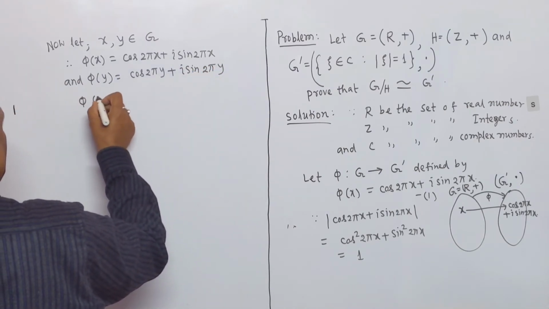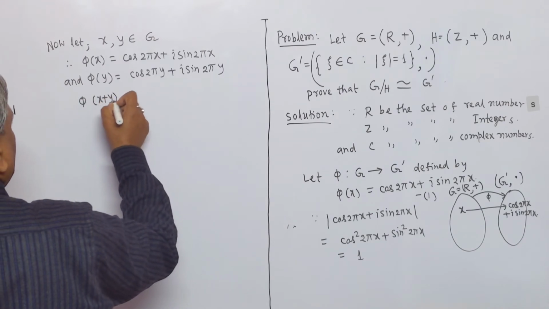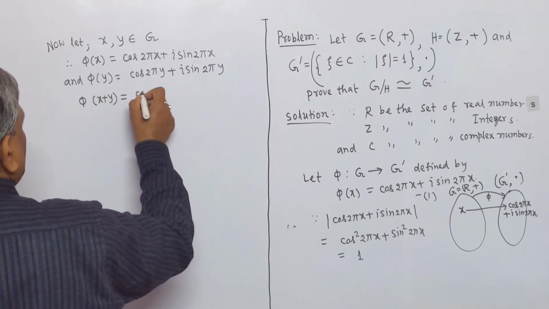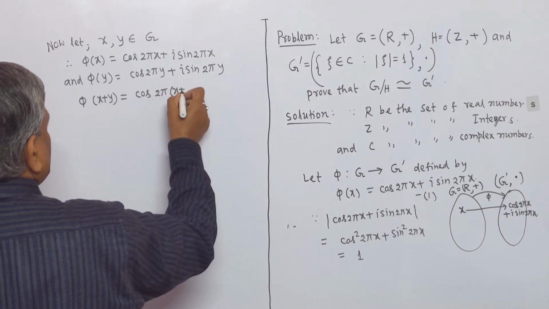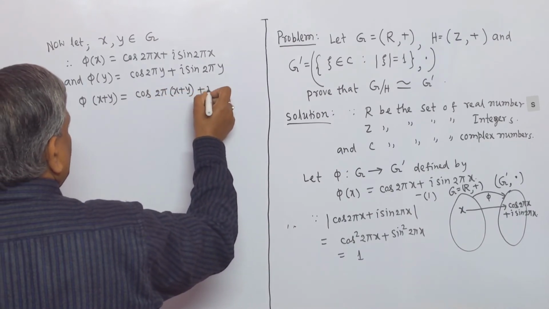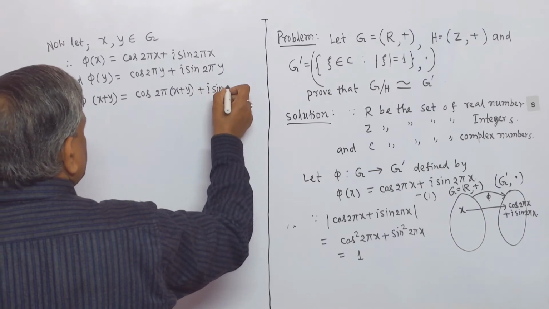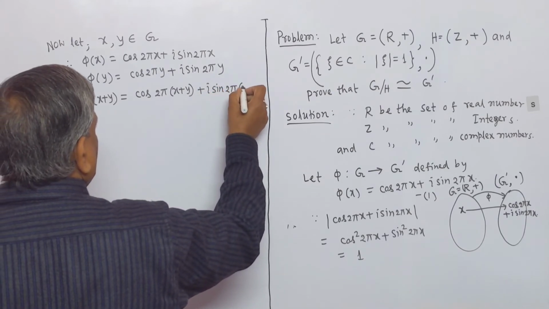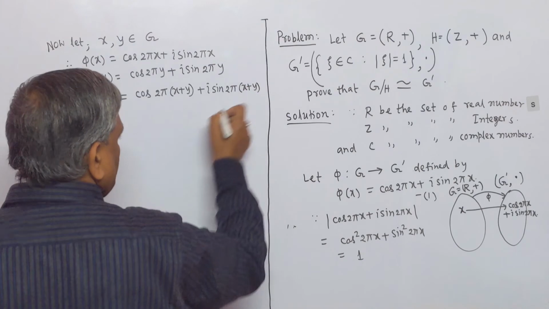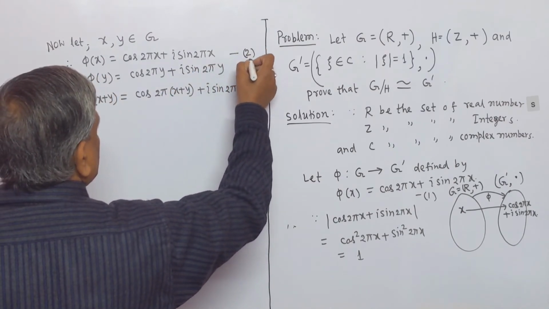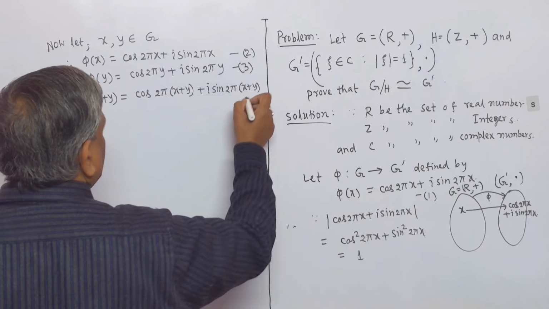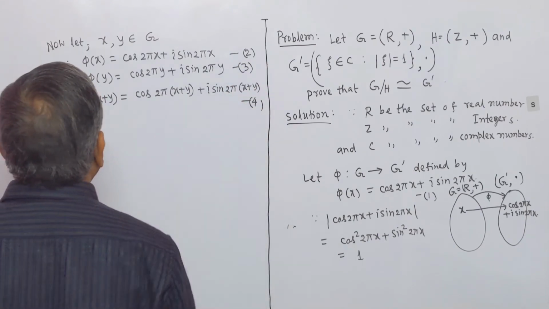Phi x plus y equal to cos 2 pi x plus y plus I sin 2 pi x plus y. This is number 2, this is number 3, and this is number 4.